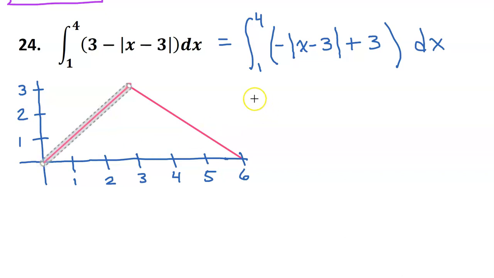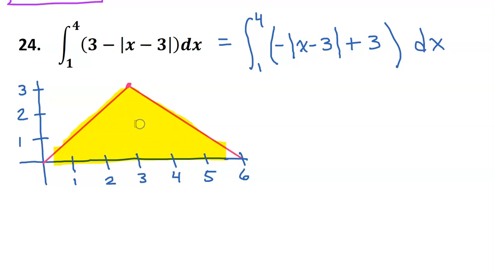So it will look like this. The integral of a function means the area between the curve and the x-axis. So from 0 to 6, the integral of this function would be this area right here, right? The area of this large triangle.